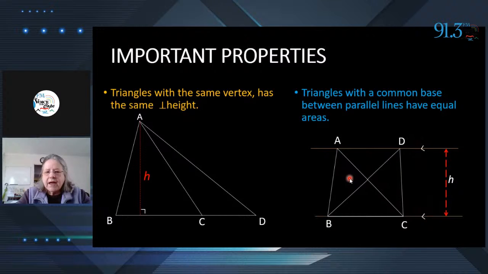So if we worked out the area of ABC and it was, say, 10 centimeters squared, and we work out the area of BDC, it will also be 10 centimeters squared. Again, it's very important to understand this and this. They're not really theorems, you don't need to know the proof, but you need to recognize and understand them.